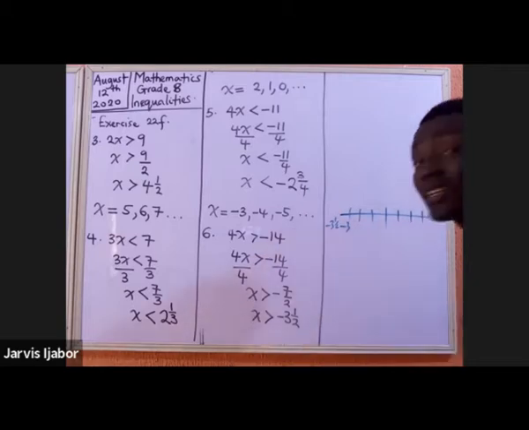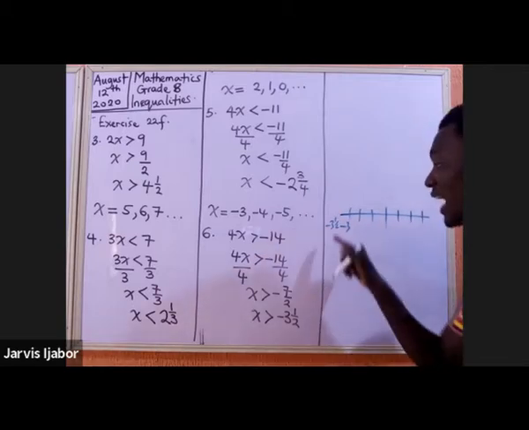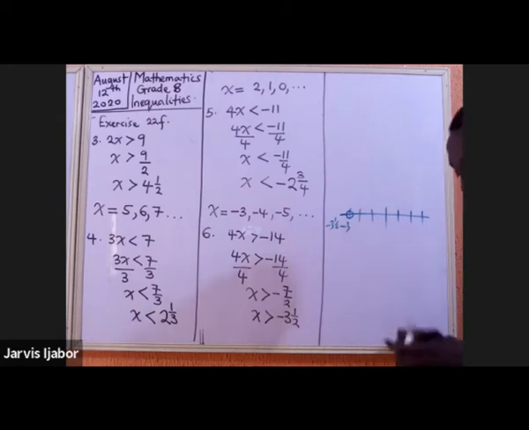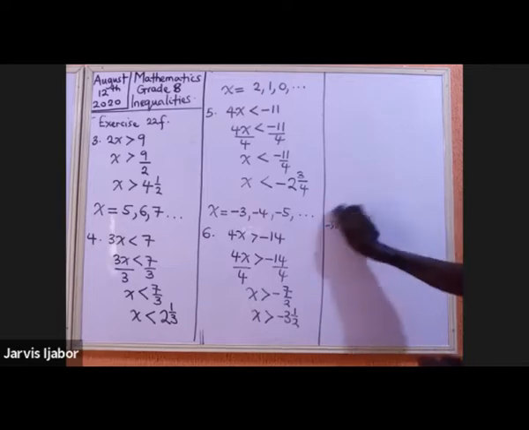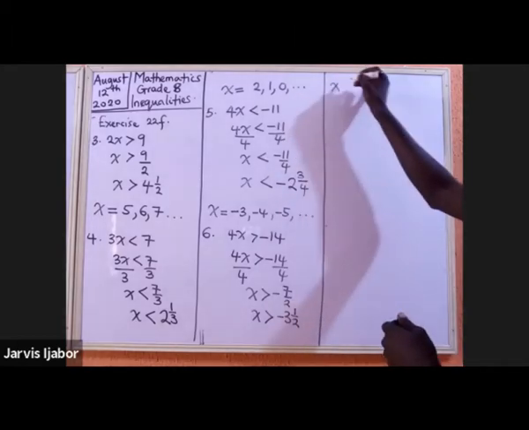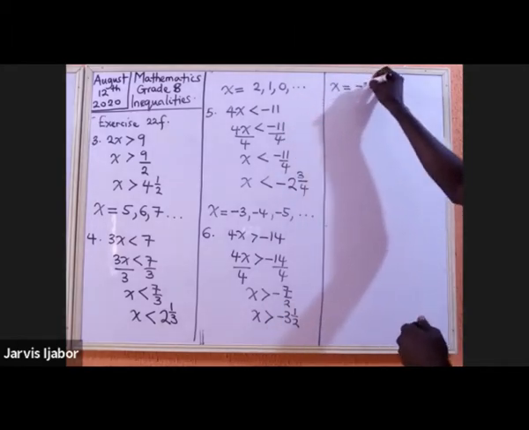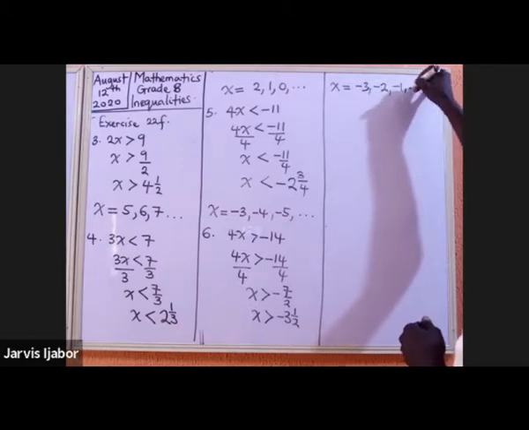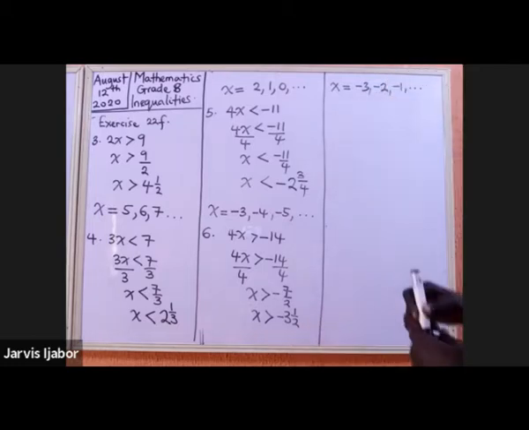So the first whole number that is bigger than negative 3.5 is negative 3. So with that, x will be equal to negative 3, negative 2, negative 1, dot, dot, dot. So that takes care of question 6.